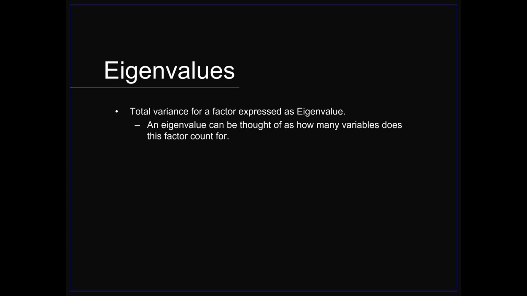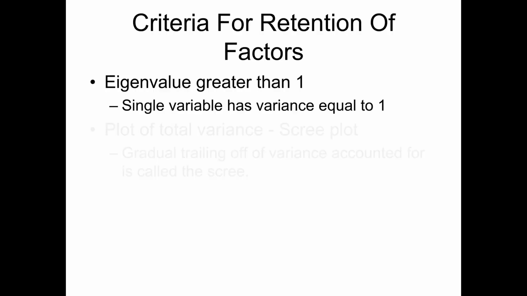So if we've got an eigenvalue of 3, that factor explains 3 different variables. I'll show you this in greater detail. If an eigenvalue is less than 1, we probably don't want to keep that factor, because it explains less than one variable. It's not really adding a lot to our knowledge.